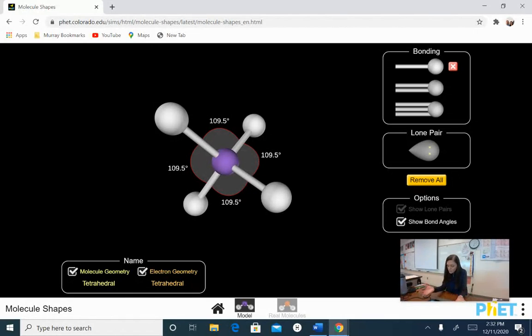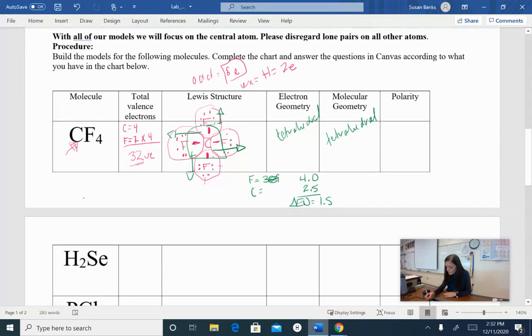So even though these are really polar bonds, they all cancel each other out. Those dipoles cancel, so over the whole molecule, this becomes nonpolar. So we are going to write nonpolar for our answer here.